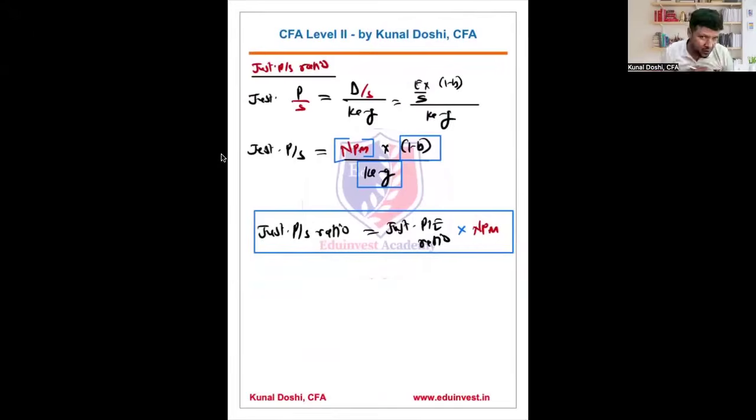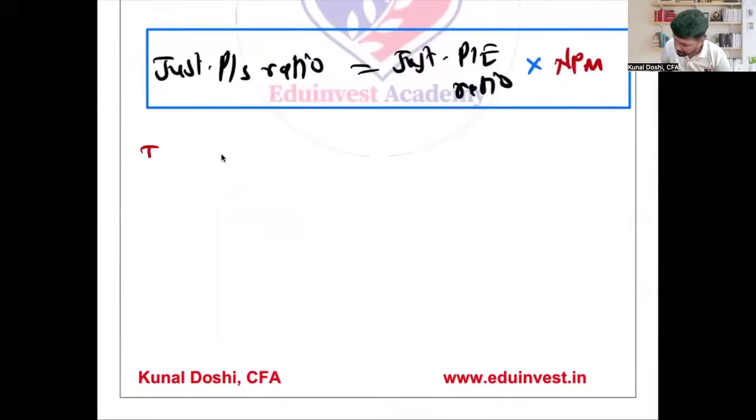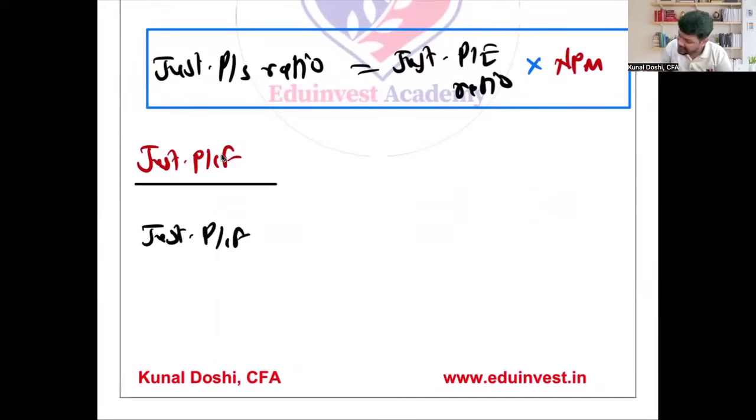Justified price to cash flow ratio is very much simpler here, just that you have to take the Gordon's growth free cash flow. So when I say justified price to cash flow ratio, in this case, there is no shortcut of the formula.